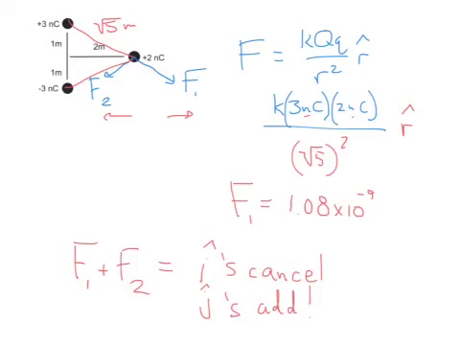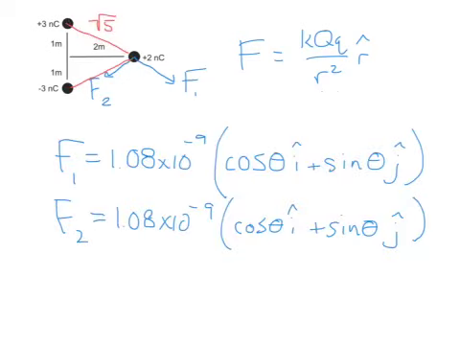Okay, let me pause for a moment, give you a little bit of time to think about that, and then I'm going to erase some of that text so that I've got enough space left to write. So again, the i's are going to cancel, the j's are going to add. I'm going to make some of this text disappear. So I'll just leave on the F1 equals, have a magnitude for it, and then we'll start figuring out, okay, what are the j components and such.